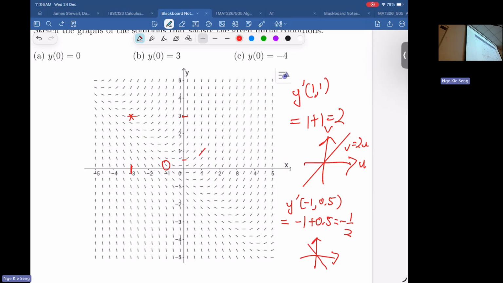So for example, if I put a ball here, what do you think could happen? It will follow this direction field, and go along with it. Can you imagine?